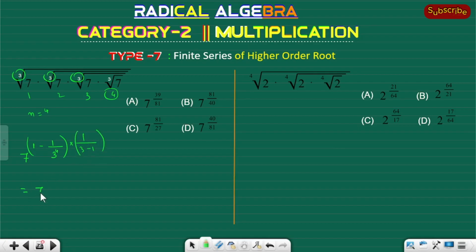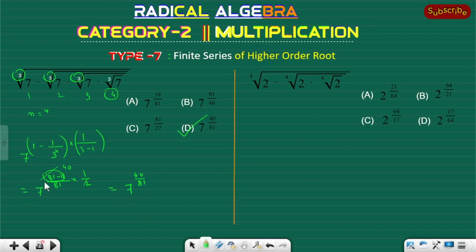Equal to 7 raised to, 3 to the power 4 means 81, so 81 minus 1 by 81 into 1 by 2. Here it will be 80, so 80 divided by 2 means 40. So 7 raised to the power 40 by 81. The answer is 7 raised to the power 40 by 81.